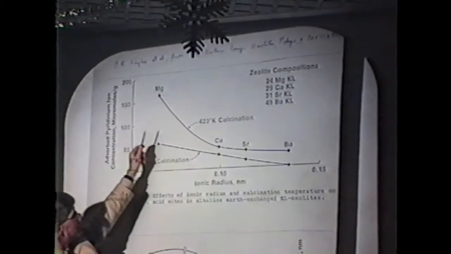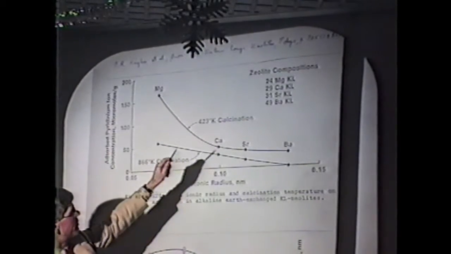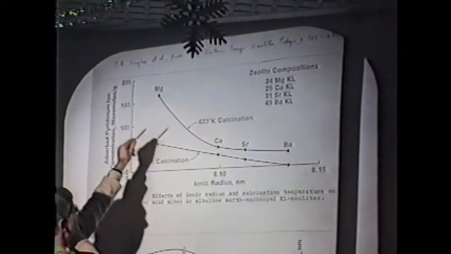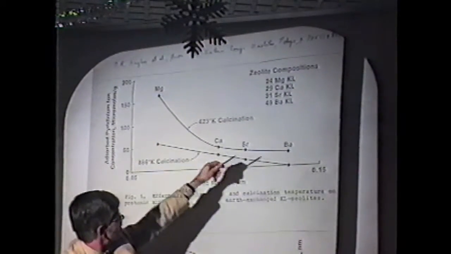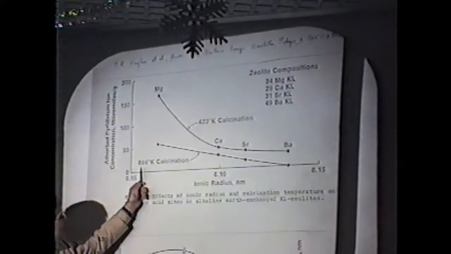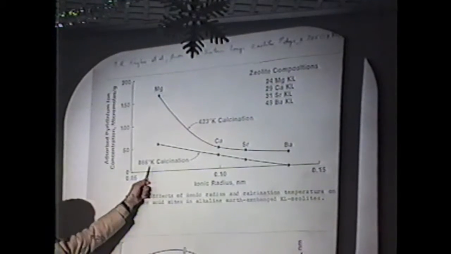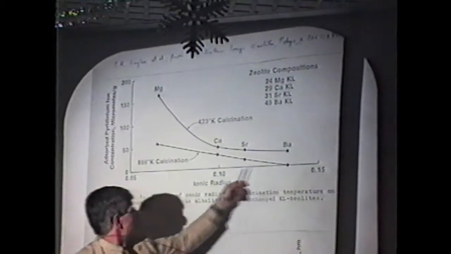And here, as a function of changing the cation from potassium to these alkaline earths, here's the acidity when you calcine at low temperature: magnesium, calcium, strontium, and barium. And then if you calcine at 866 and exchange with barium, there is, by pyridine absorption, no measurable acidity.